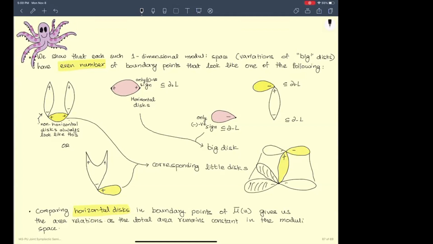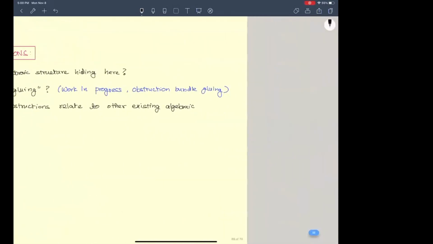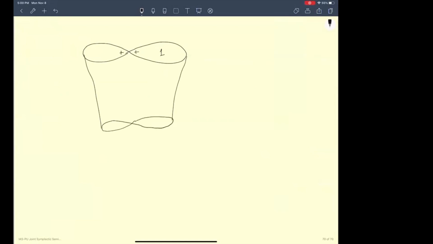Wait, so you're saying that the virtual dimension of the disks in the, sorry, can you say what you were saying again? Yeah, let's just do this thing. So the virtual dimension is 1 for this. And this is 0 and 0.